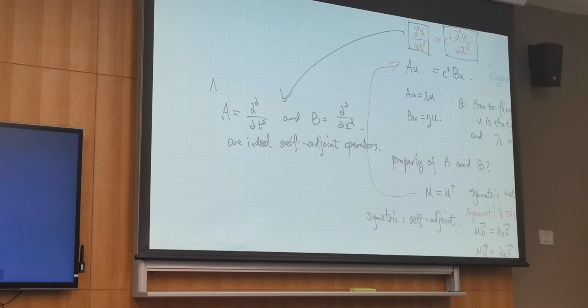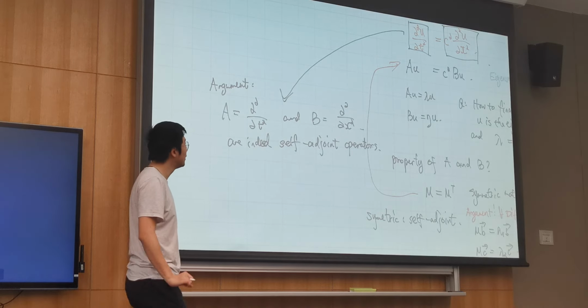So argument: A and B, they are indeed self-adjoint operators.